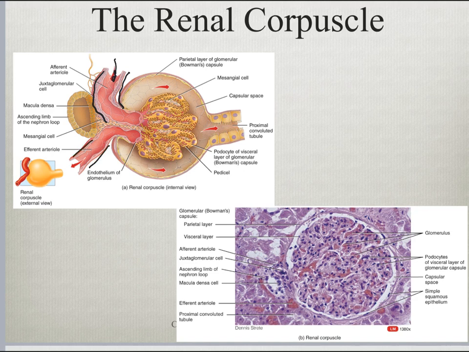And this is going to be important as far as regulating the diameter of that arteriole and controlling the blood pressure and the amount of blood coming in. We can go to the outside. Look, there's our simple squamous epithelium, that parietal layer of Bowman's capsule. We have the capsular space right here.